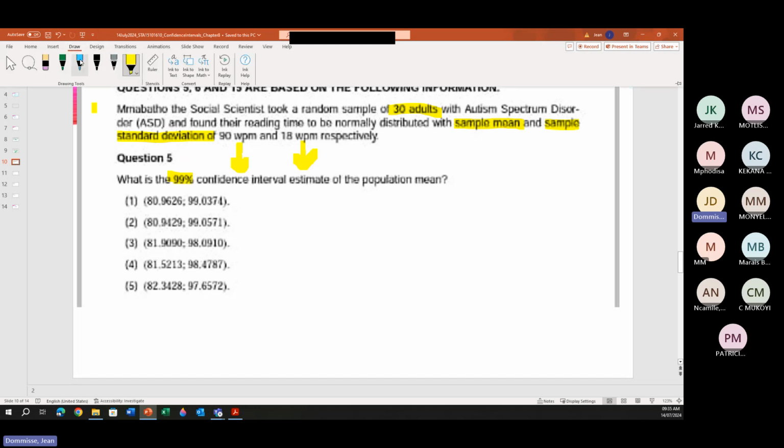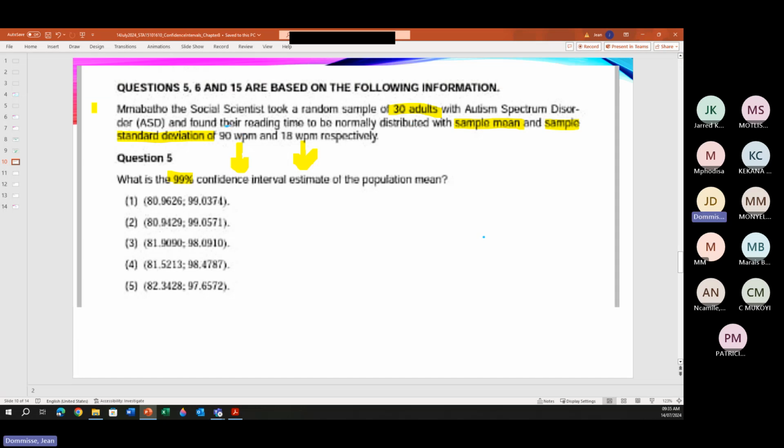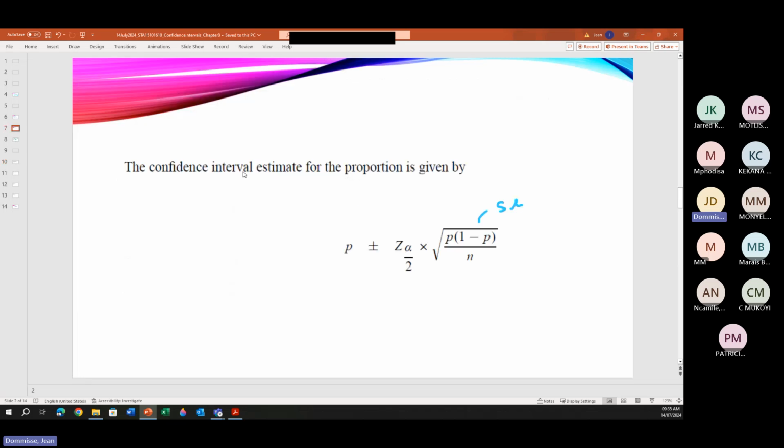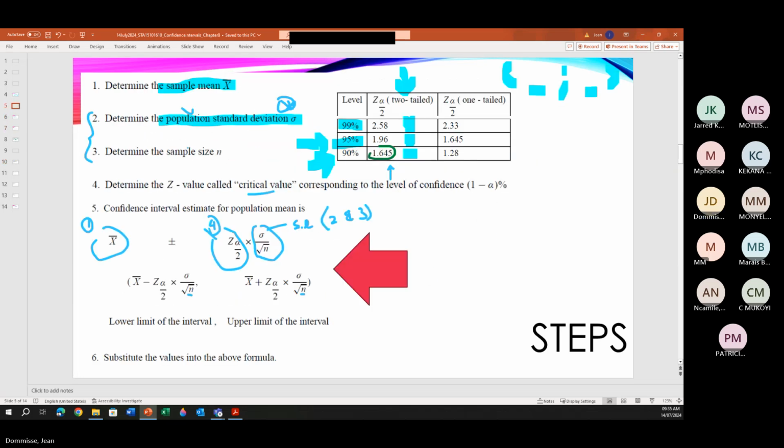Okay, so step 1, got the mean. Okay, so that is step one. The mean is 90. Step two, so let's see, what was step two?